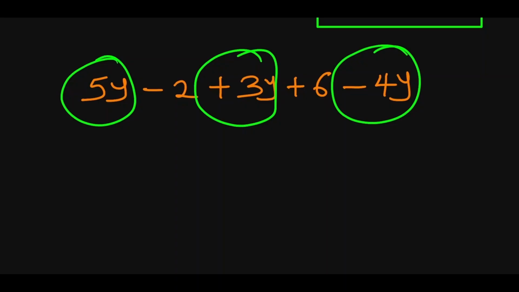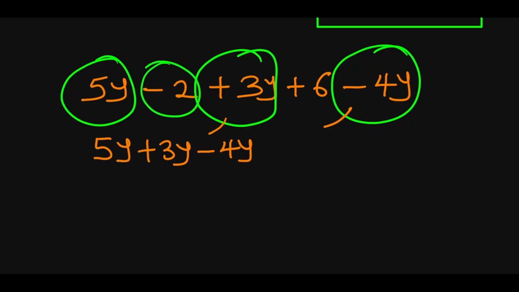So if we want to collect like terms, we say 5y, we take this next, plus 3y, we take this next, minus 4y. Then the other ones, minus 2 we follow, then plus 6 will now follow. So that's how we've collected the like terms in this particular expression.